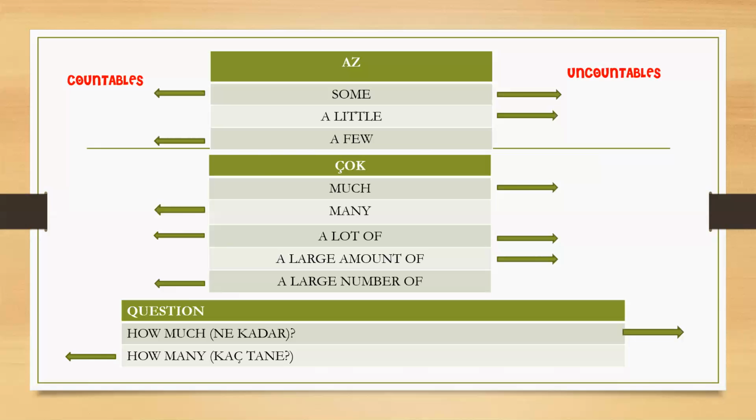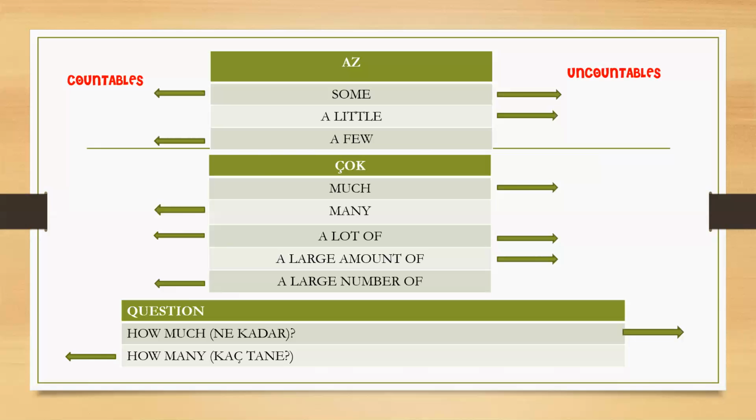Büyük bir miktar of rice, coffee, sugar, milk. The next one, a large number. Number, sayı, numara. If it's sayı, then we can saymak, so that would be countable. A large number of, büyük bir sayı. Of what? Potatoes, eggs, apples, and zucchini.